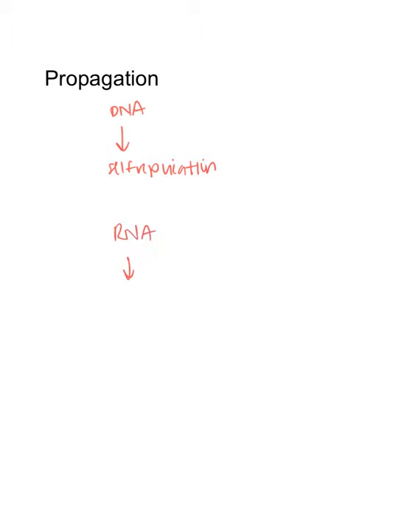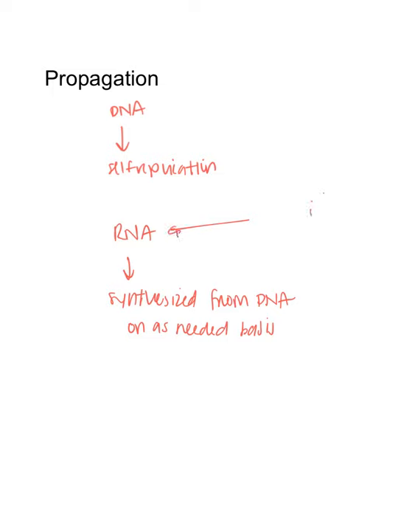RNA is synthesized from DNA on an as-needed basis. So all the parts and pieces of RNA are just floating around in the cell. If we need to make a protein, or if DNA needs to send a message of its structure to another part of the cell, it will build RNA as needed from the code provided by DNA.